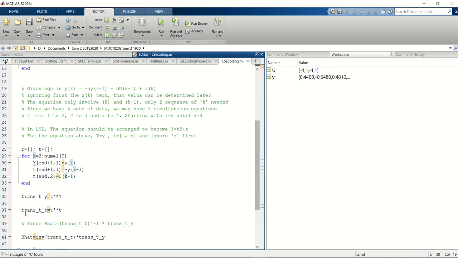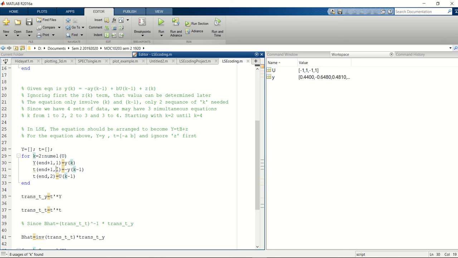Okay, and then third iteration, k equals 4, so y4 is the fourth value, this one, negative 0.615. Okay, and then no more iteration because this is k equals 2 until 4 only, so k equals 2, 3 and 4.